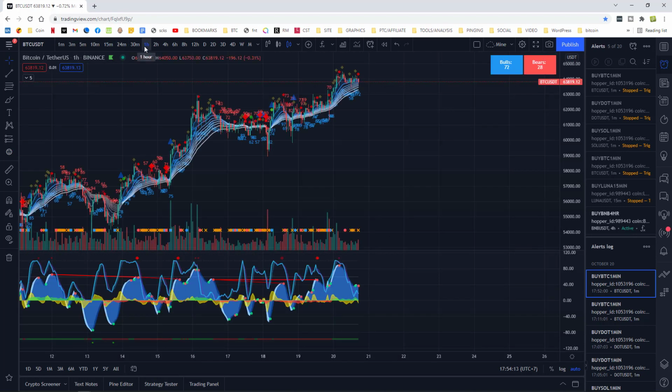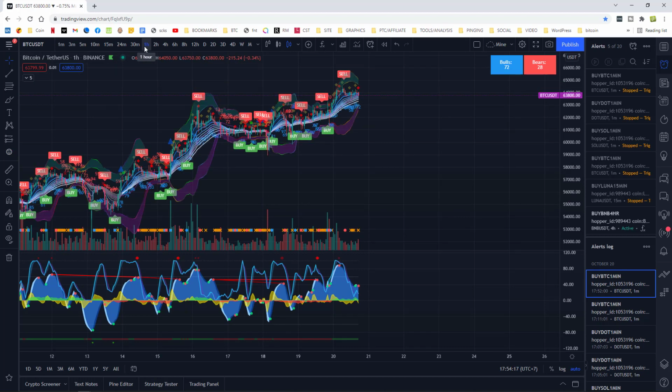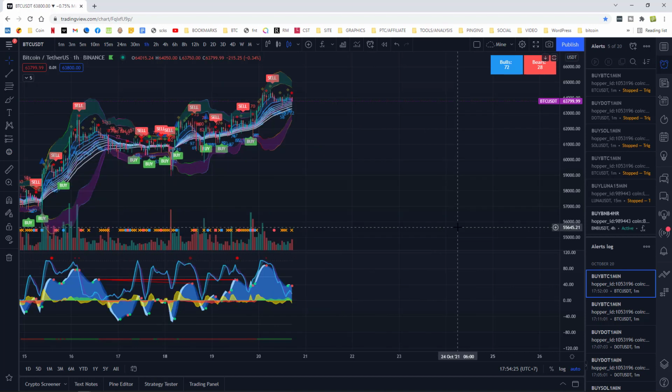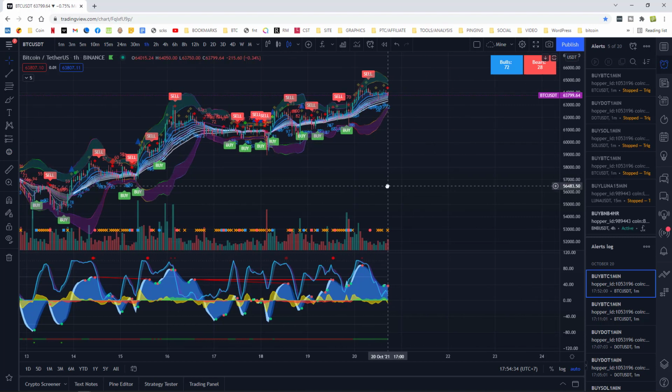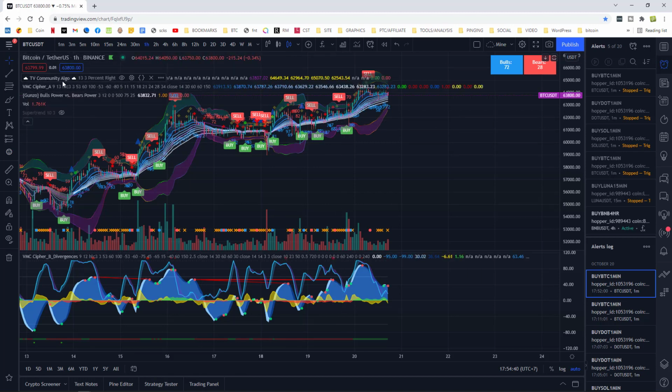I recommend the 1 hour, and the higher time frames, obviously they require you to be more patient waiting for these buy signals, because you can wait several hours with nothing. It's waiting for the best opportunity. And basically this is way better than me at technical analysis, and this is based on a community algo.